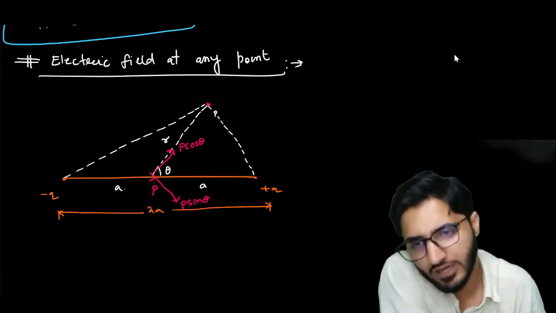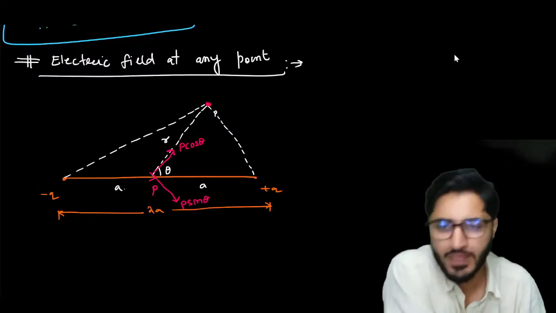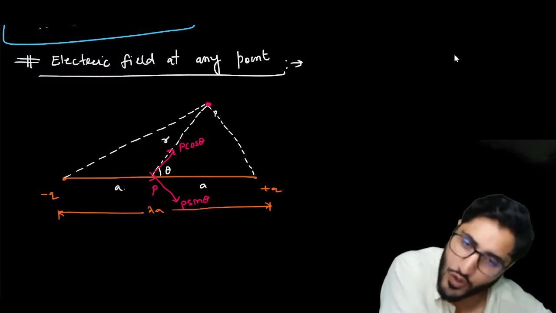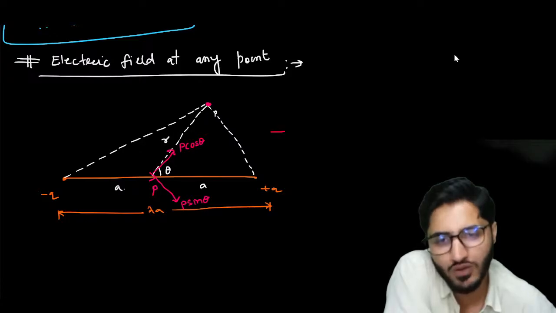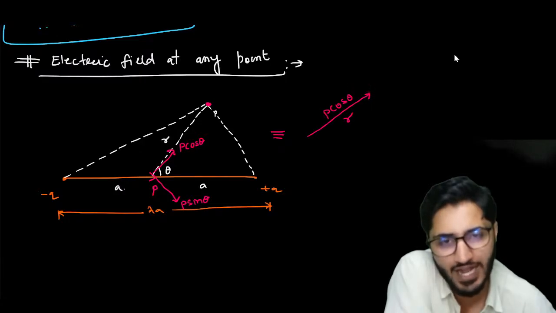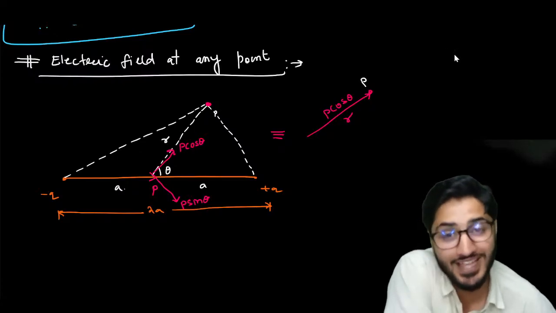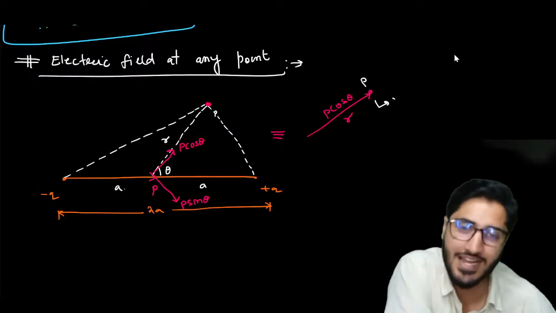Now look at this point. Just rewrite the whole thing. Now we have two dipoles. One dipole has dipole moment p cos theta and the length is r; for this one the point is the axial point.